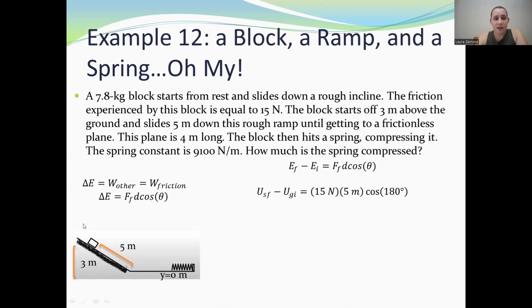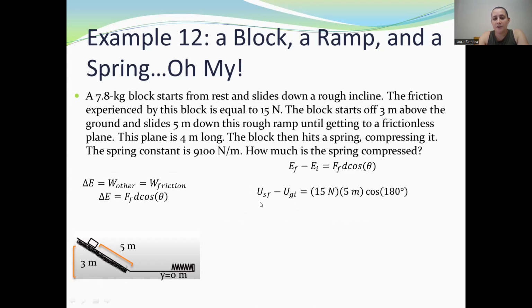Initially, the block is starting from rest, so our initial kinetic energy is 0. There is no spring being compressed or stretched at the beginning, so our initial spring energy is 0. But the block is a height above our reference plane of 3 meters, so there is a gravitational potential energy to consider initially. So that's why we only have these terms as our energies.